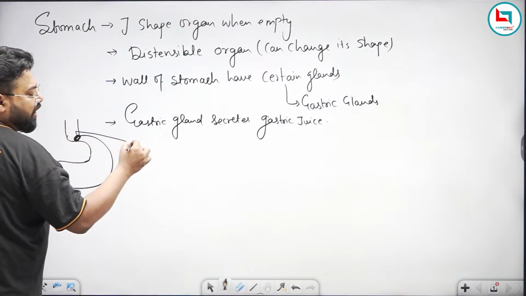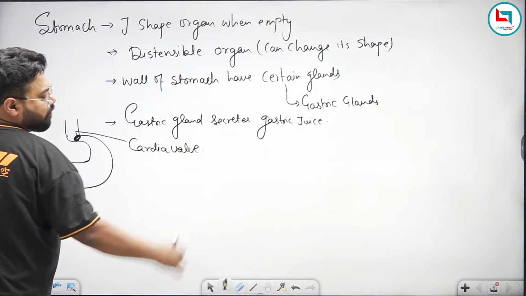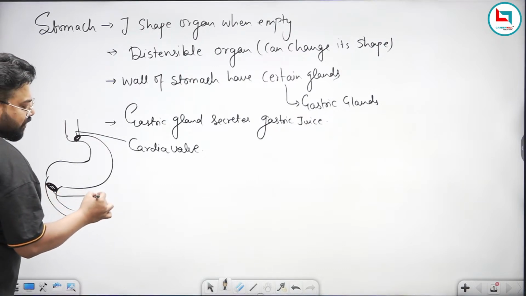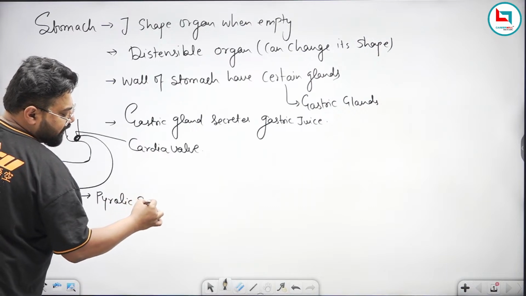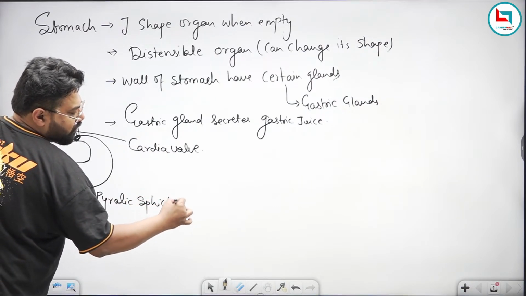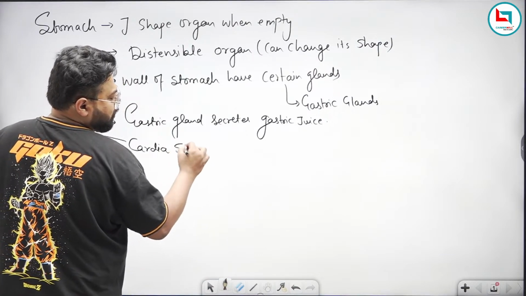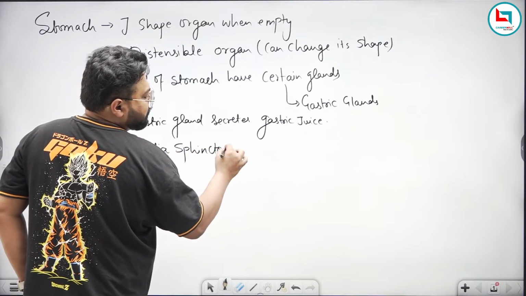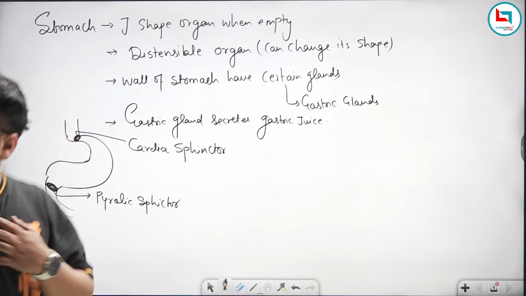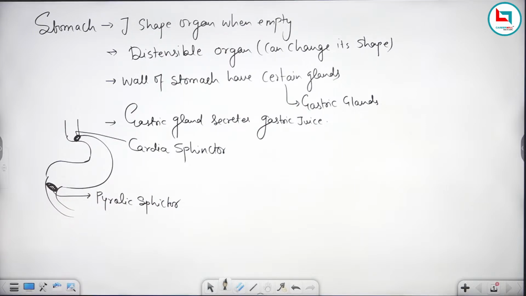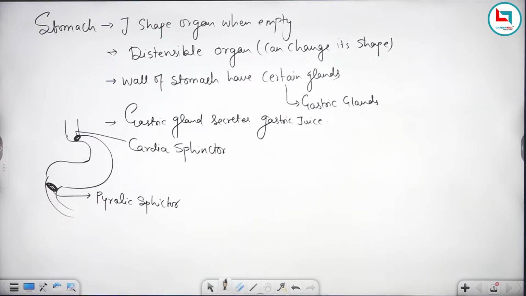This valve is known as the cardiac valve, and this valve is known as the pyloric sphincter, or cardiac sphincter. Better to write sphincter. Valves are a small flap of muscle, while sphincters are large muscles.